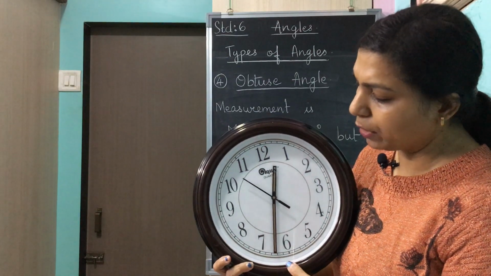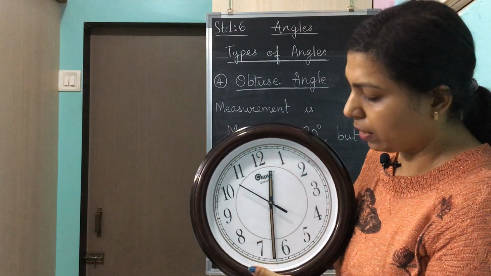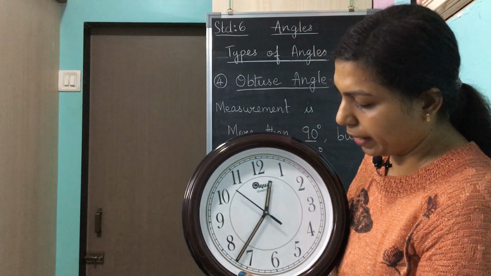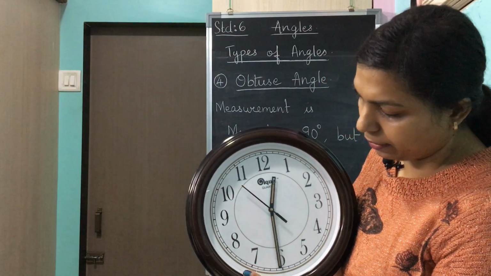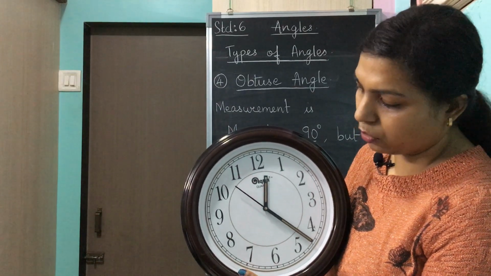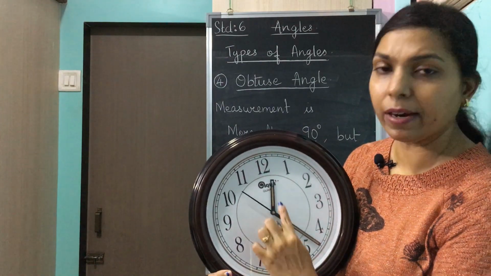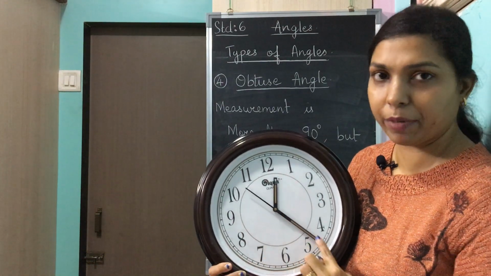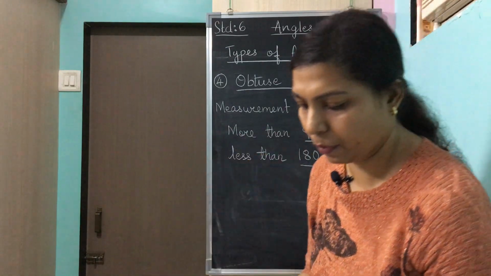Okay, but when you have a measurement which is more than 90 but less than 180, it should be something like this. This is 90 and this is 180, but when it is something in between over here, that makes it more than 90 but less than 180. So when it is somewhere in between over here, it is called an obtuse angle.